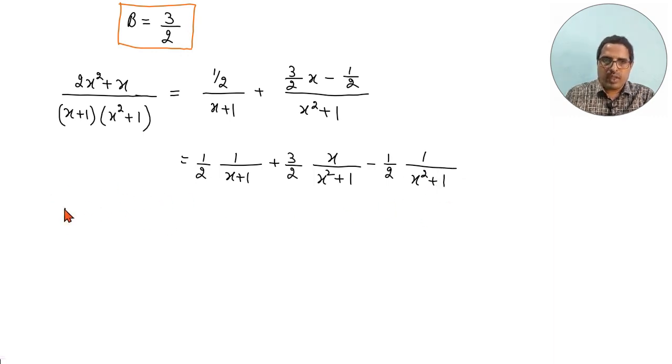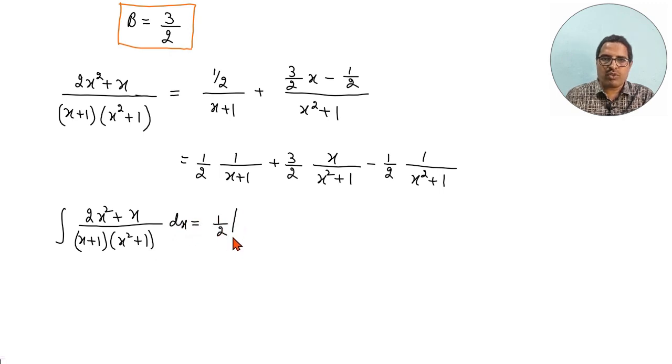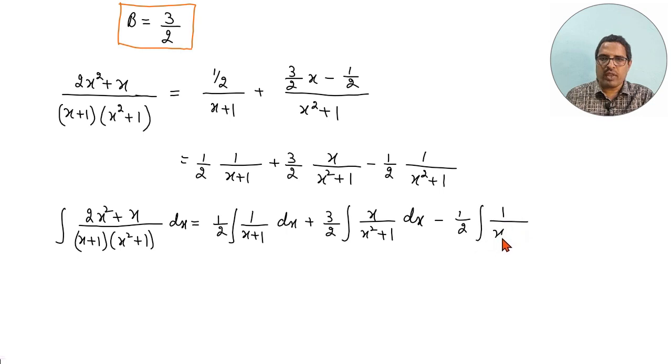Now let us try to integrate. We get integral of 2x square plus x divided by x plus 1 into x square plus 1 times dx is equal to half times integral of 1 by x plus 1 into dx plus 3 by 2 integral of x by x square plus 1 into dx minus half times integral of 1 by x square plus 1 times dx.